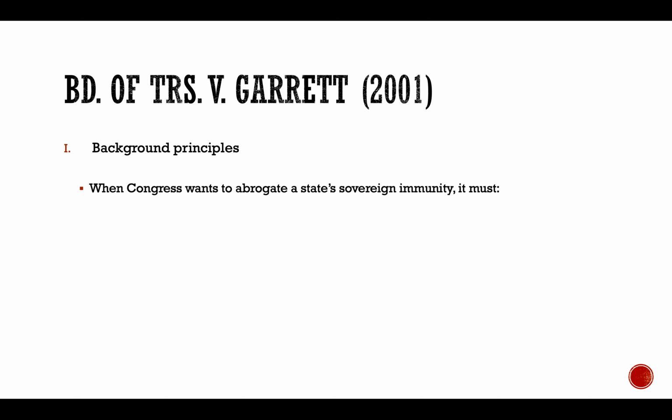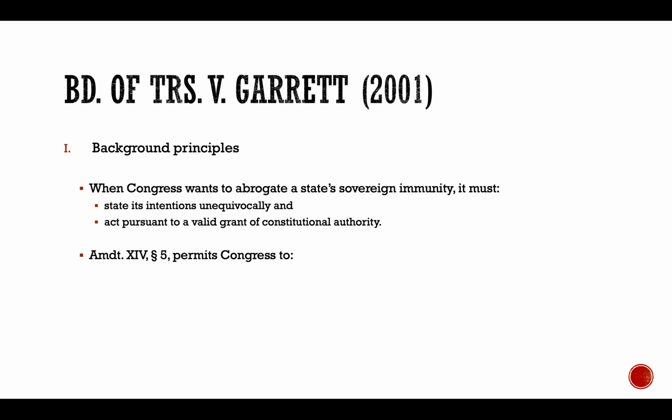It must both unequivocally intend to do so. So in other words, we need a clear statement of the intent to abrogate states' immunity. The court won't assume through implication that that was Congress's intent. But we see here the sentence that I just read where Congress is crystal clear about its intent. And then the second thing is that Congress must act pursuant to a valid grant of constitutional authority. So that's the Section 5 question.